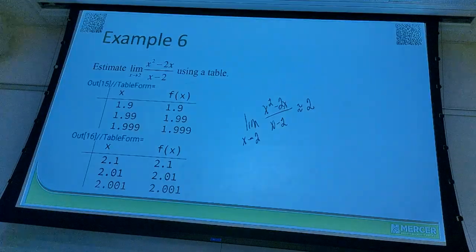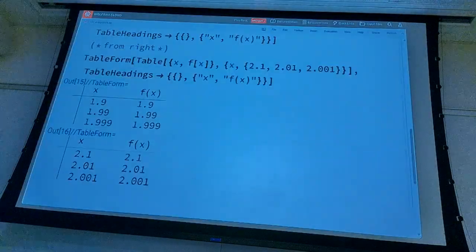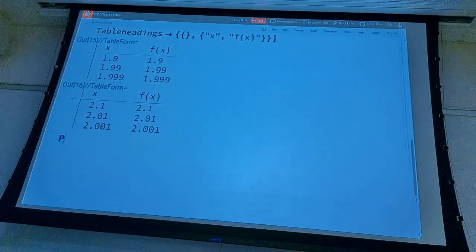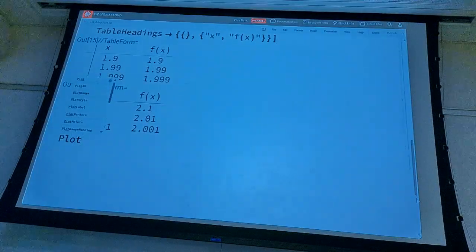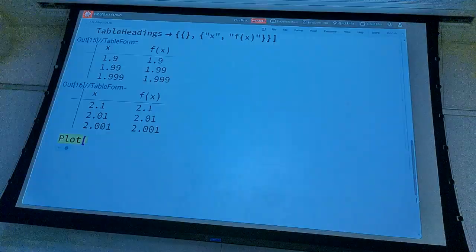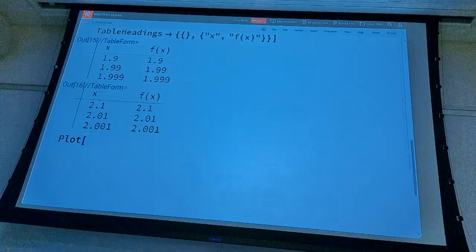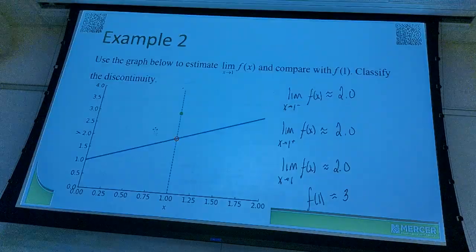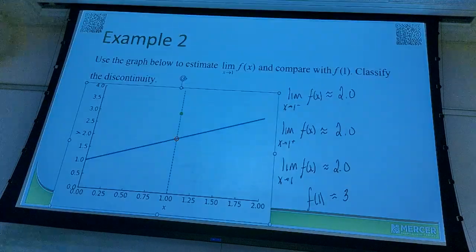Let me use this one to now show off plotting. Plot. Real quick. What's that called?